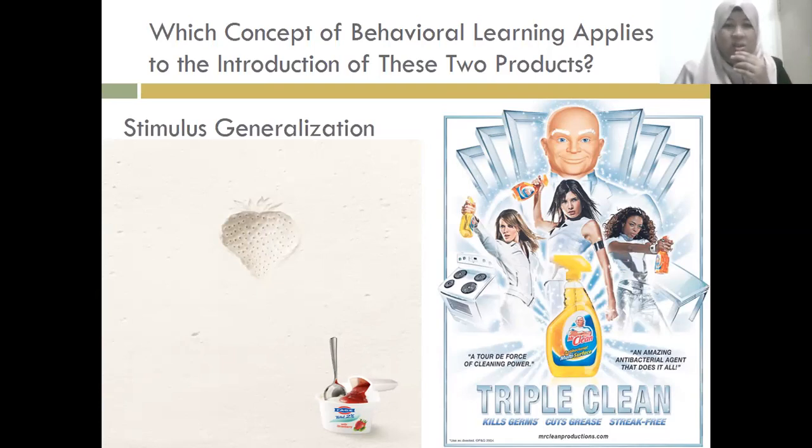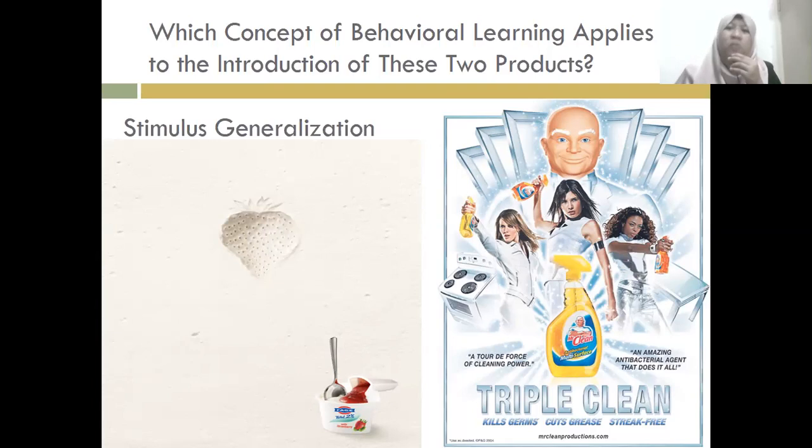Here they introduce something like yogurt, with a strawberry image, meaning you paste the product inside because you want to use them together. I don't really see the correlation here, but for the Triple Clean product they show three women and one guy to show that the three women are giving a three-times effect. Why women? Number one, women are attractive. Number two is about cleaning, the cleaning task, so it's given to the woman.